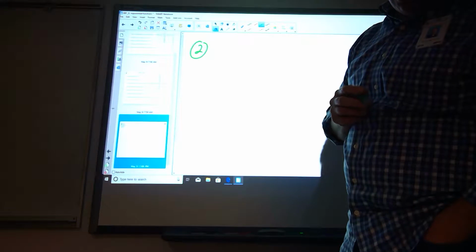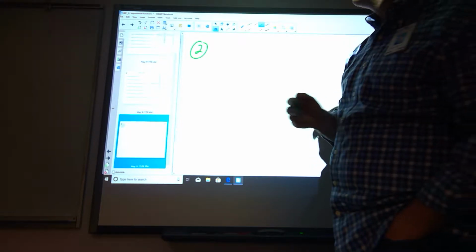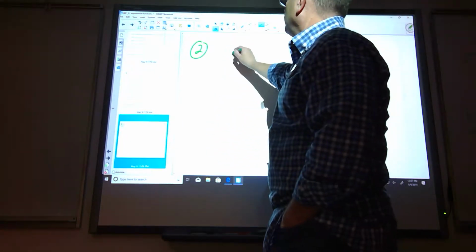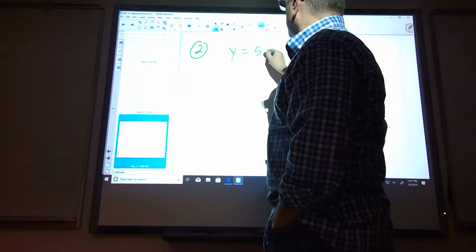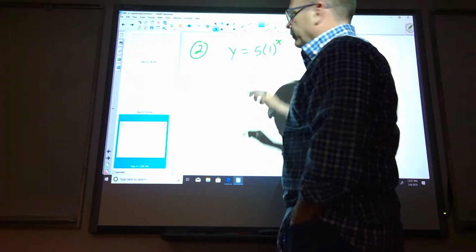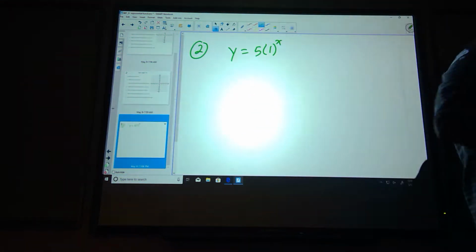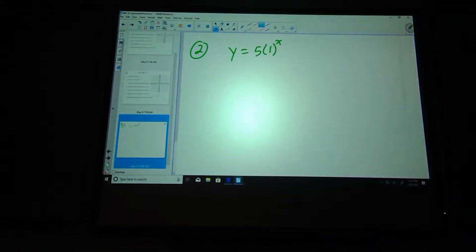It says, determine whether the equation represents exponential or not. It looks exponential to me, but what happens when I just keep plugging numbers in? What's my result going to be every time?